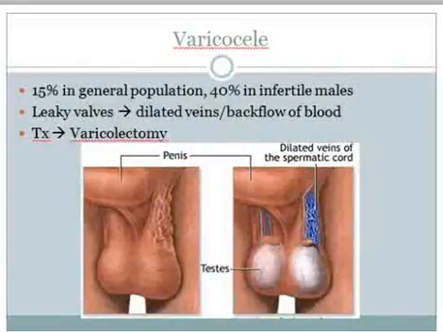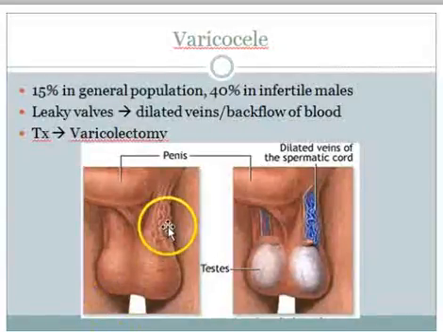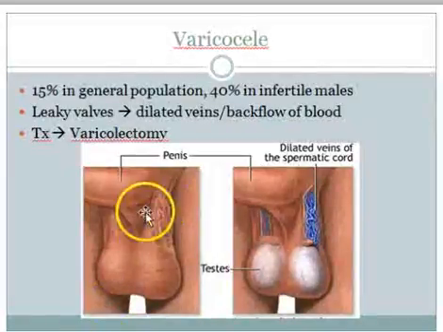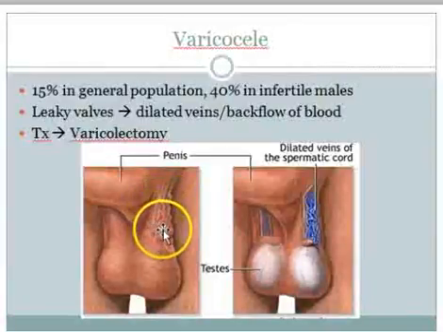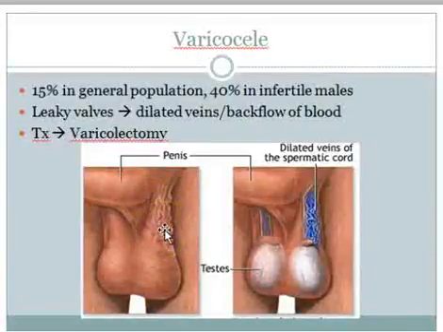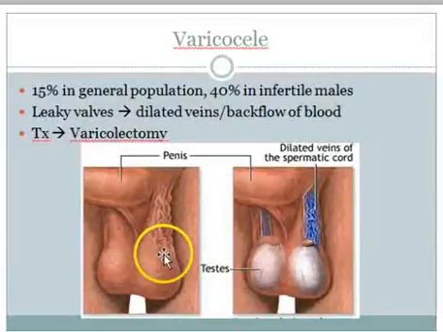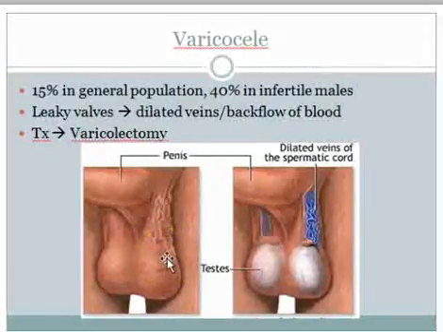And then a varicocele, just to see briefly here, that's when you have leaky valves that are causing backflow of blood and dilated veins within the spermatic cord. Because of that, there can be an increase in temperature in the scrotum, which can cause injury to the sperm. And there's also been some talk about changing renal and adrenal waste concentration, which can affect sperm development as well.